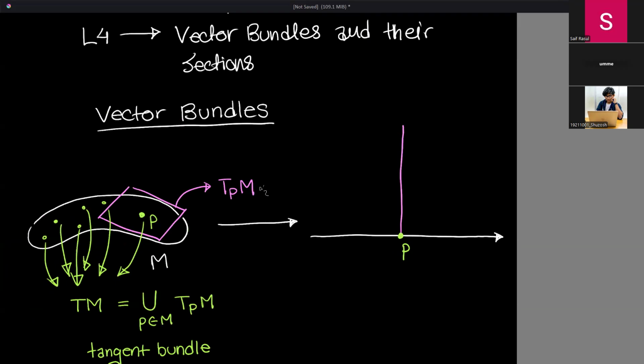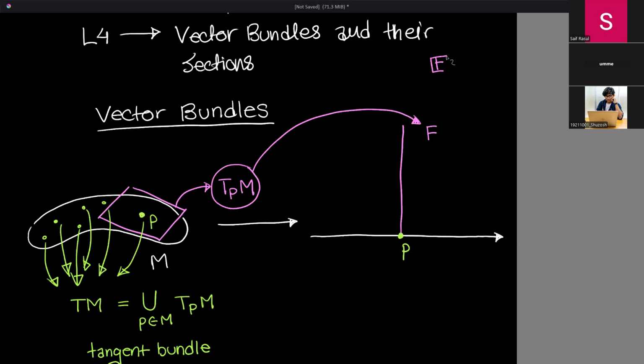So instead of it being TpM, we're going to generalize here. We're going to replace TpM with a generic vector space. We'll call it F. Don't confuse this with blackboard F, which is the field.